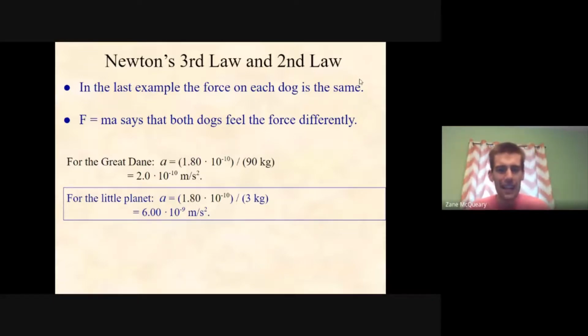So that Great Dane has a much larger mass. And so if you solve F equals ma for acceleration, that number is smaller than for our little dog, the Chihuahua, right? That Chihuahua feels that acceleration more because he has less mass. So that same force is going to pull him with more acceleration.